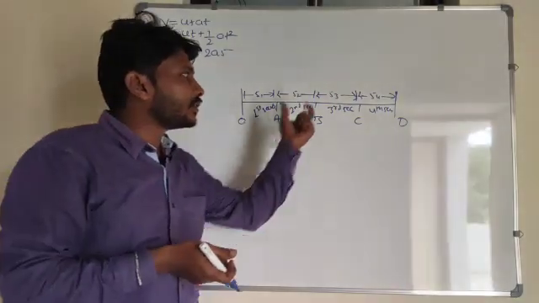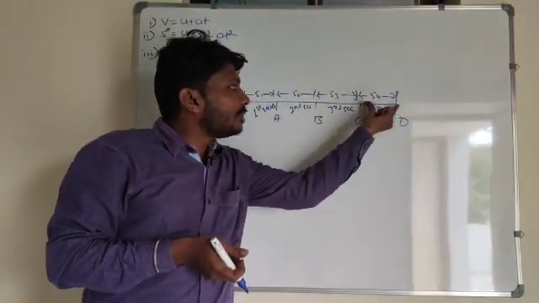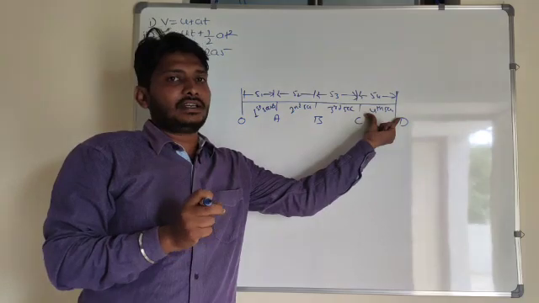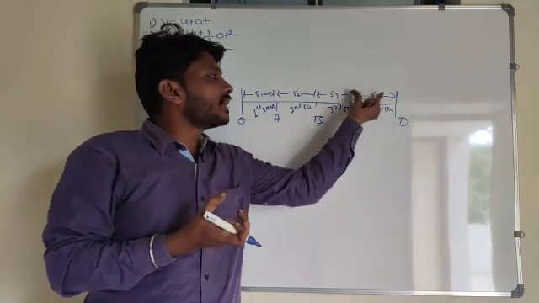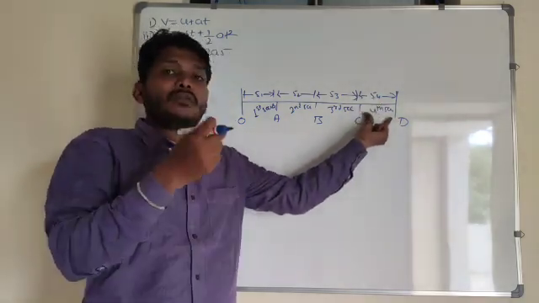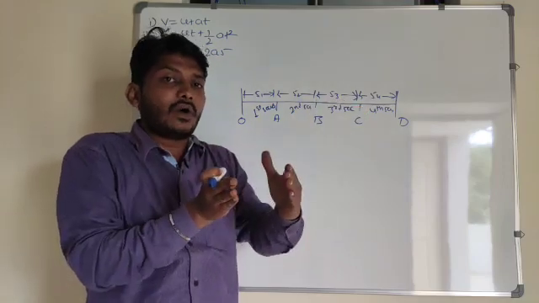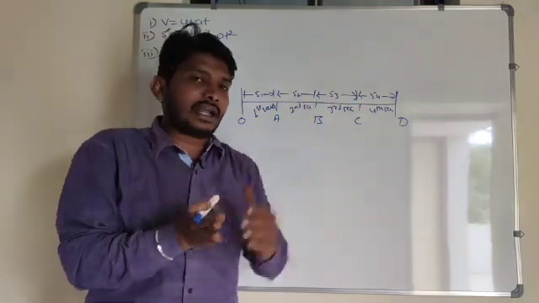Now my interest is to calculate the distance traveled by the body in the fourth second. The nth second means I can take the example of the fourth second. How much distance the body traveled in the fourth second, I need to find out.